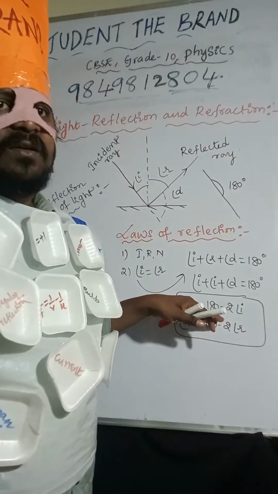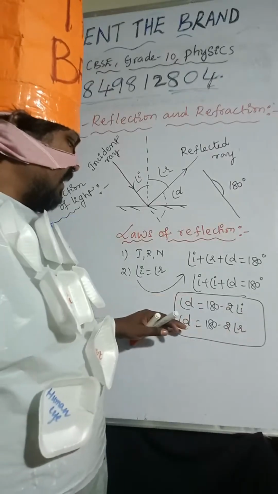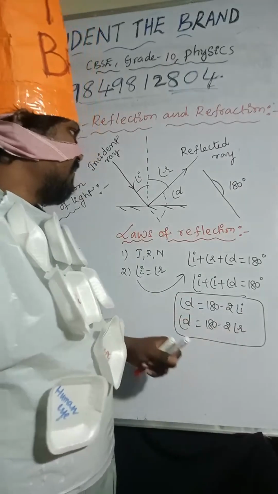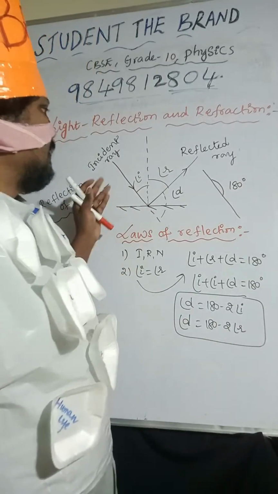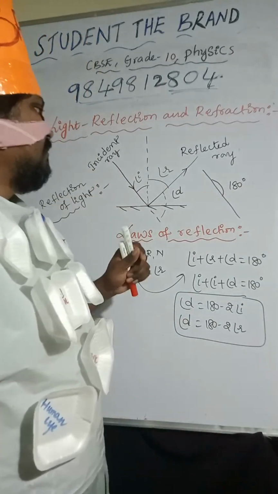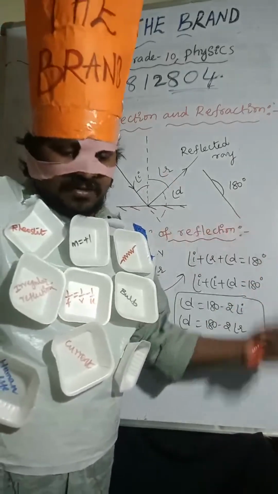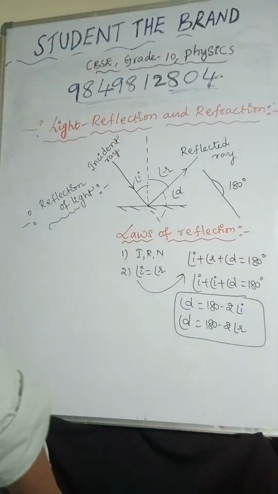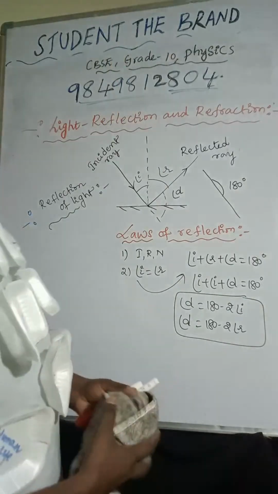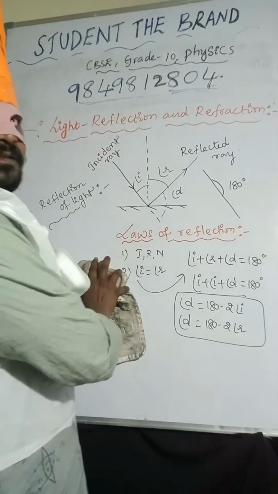Angle of deviation equals 180 minus 2 times the angle of incidence, or 180 minus 2 times the angle of reflection. So this is completely about reflection of light. Next we will discuss regular reflection and irregular reflection.